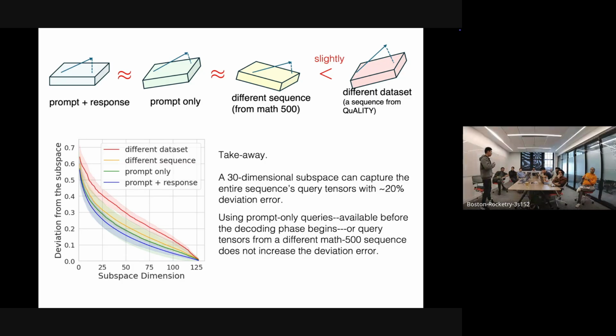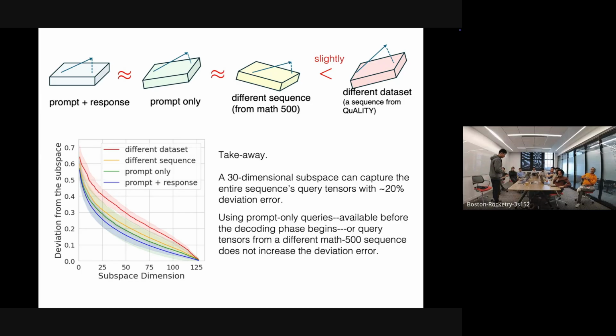So that means even if I don't know my response tokens, I can still use my prompt tokens, or I can use another sequence from my data set to form this subspace. And with high probability, or with a very small error, that subspace is roughly the same as using the entire sequence to form this subspace.